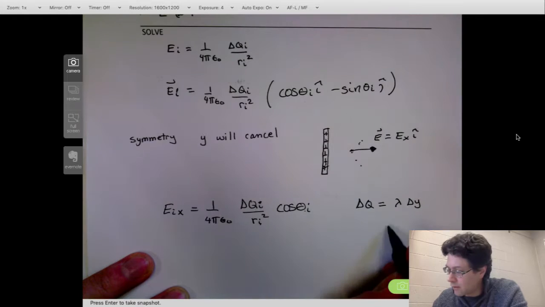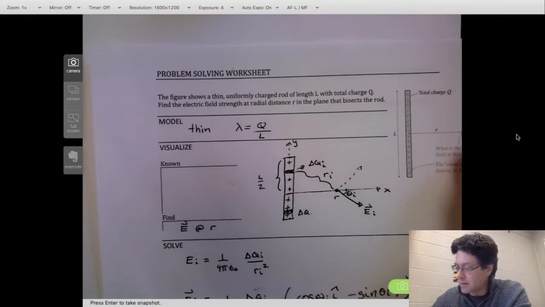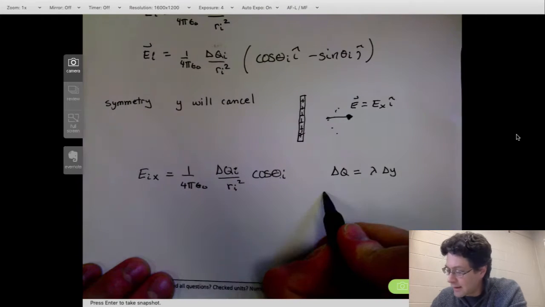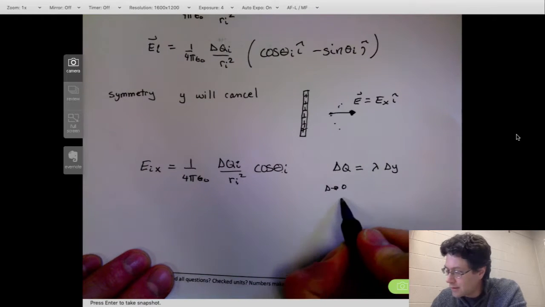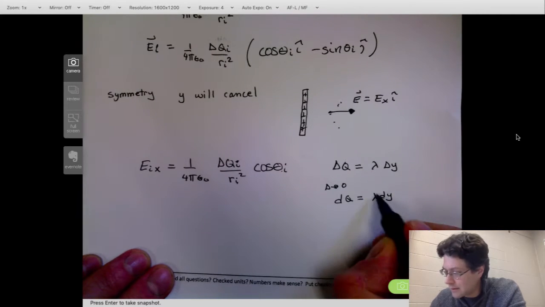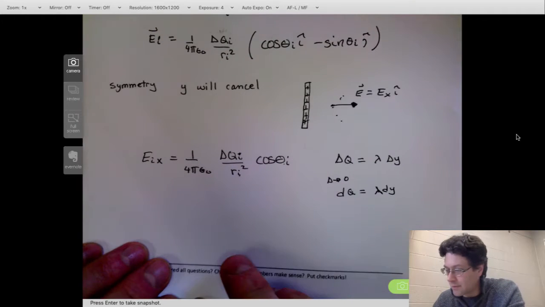Okay. So in this bar, delta Q is going to be the amount of charge per unit of length times delta y, and when I take delta to be very, very small, infinitesimal, then we use dq equal lambda dy. Okay. So this is the amount of charge for each little bit of the bar.